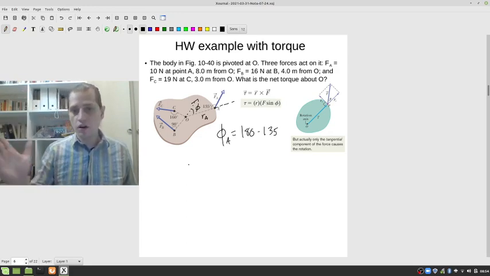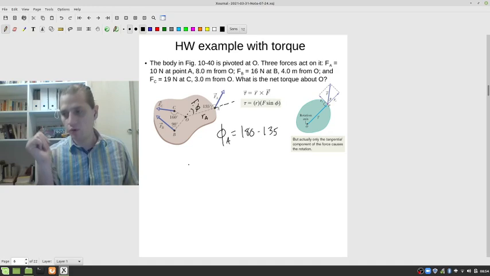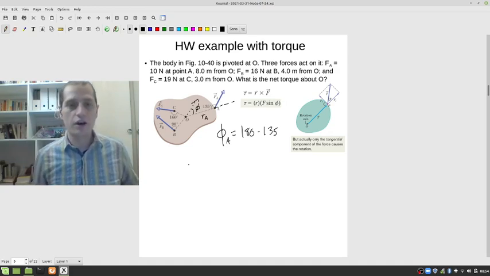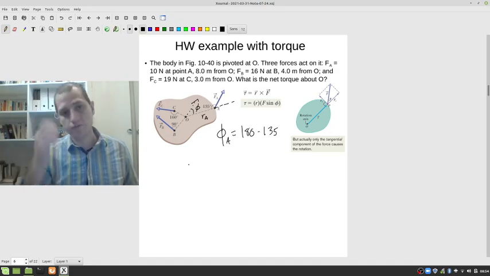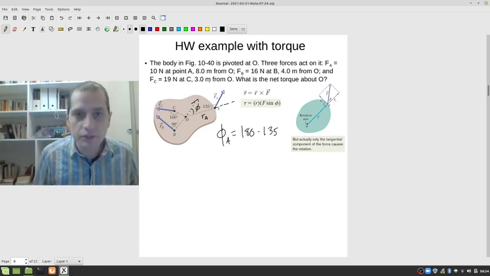Remember, it's R cross F. So you put your fingers in the direction of R, and then you curl them around in the direction of F, and your thumb will be pointing out in the direction of the torque. So for A, it would be R cross F. This one looks to me like it would be out. So TA would be out of screen.